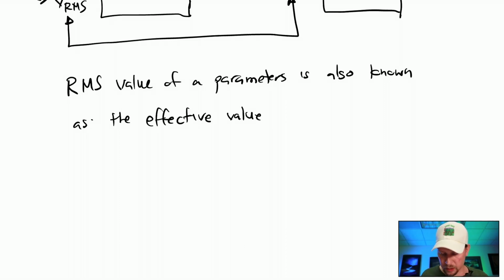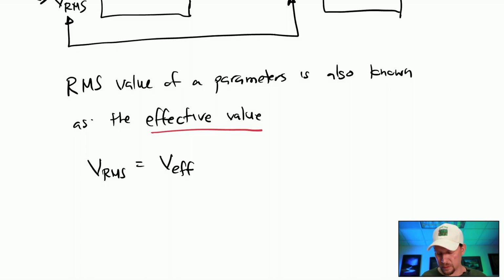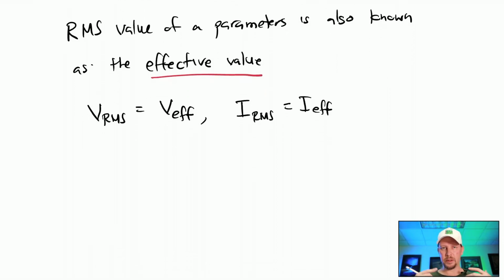This is just some nomenclature. So if you see, for example, the RMS voltage and the effective voltage, well, these two things mean the same thing. Similarly, suppose that you actually have the RMS current of something. This is the same thing as the effective current, right? So it's two different names that denote the same thing.